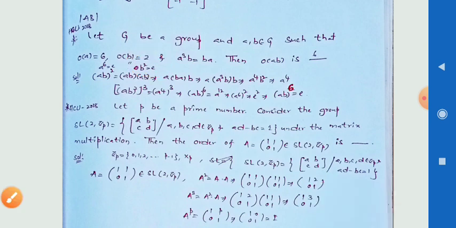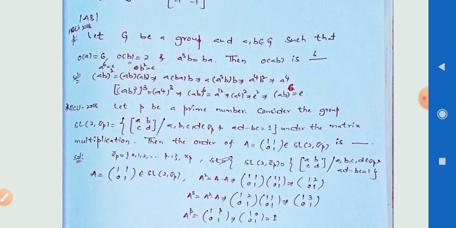Then taking (AB) square whole cube, the value of (AB) square from above is a power 4. Replacing it, we get (a power 4) whole cube. This value, (AB) square into 3, becomes (AB) power 6.